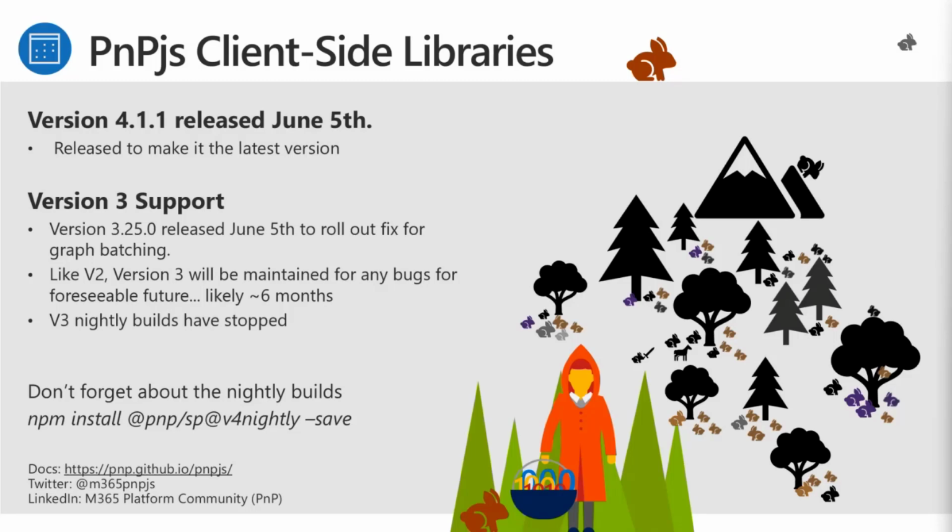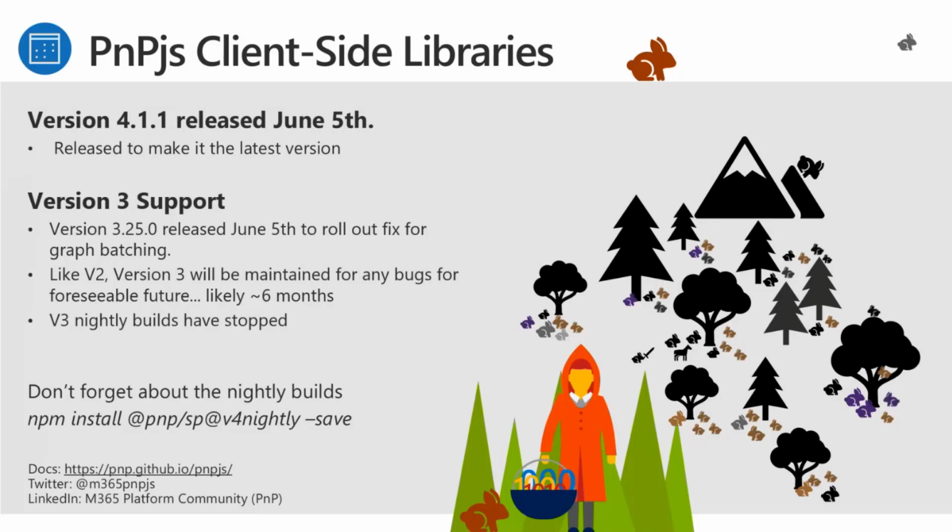Again, with version 3 support, we're only releasing bugs that are critical to make version 3 continue to work. There is not a significant difference between version 3 and version 4. It's all the same setup. Most everything works the same. There's just significantly more graph support and a small number of deprecations and things that have moved. So we really highly encourage you, if you're using version 3, to move to version 4.